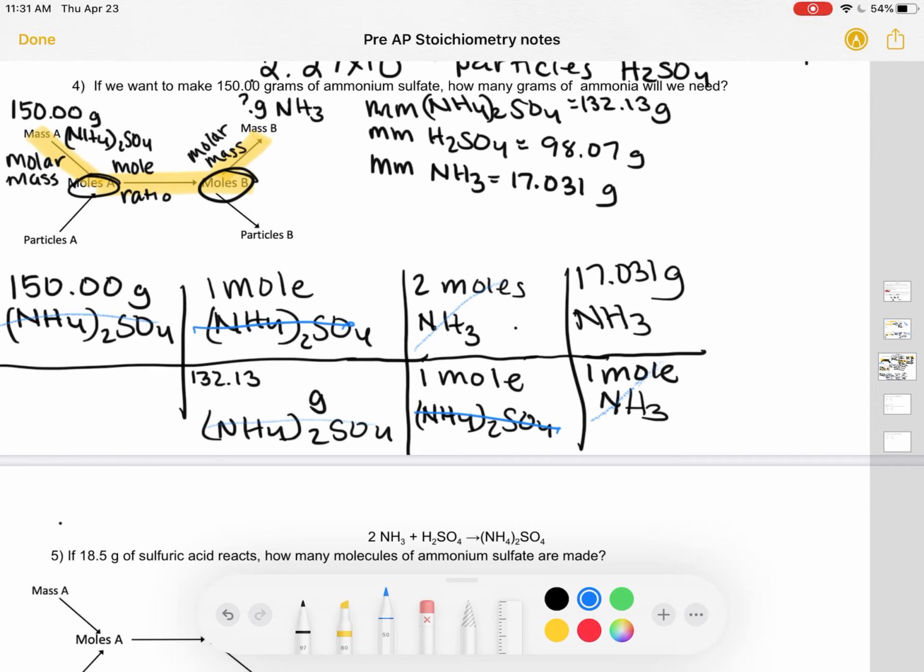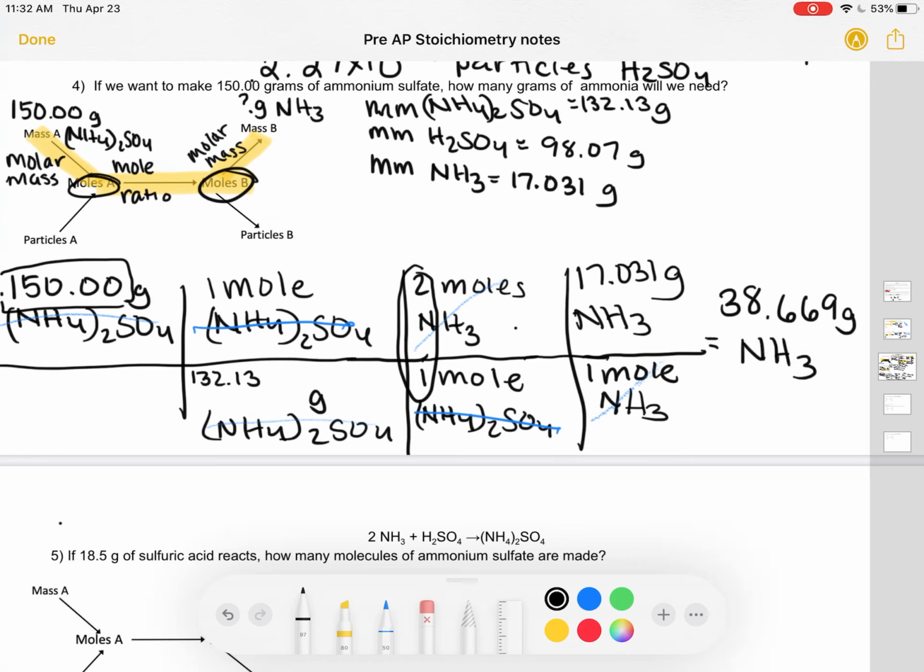So we're going to put this in our calculator: 150.00 divided by 132.13, enter, times 2, times 17.031. Reminding ourselves that this mole ratio does not count towards sig figs, towards the number of digits. So our answer is going to have these 5 digits, and the answer to that is 38.669 grams of ammonia.